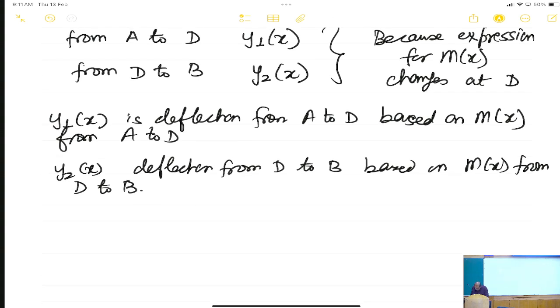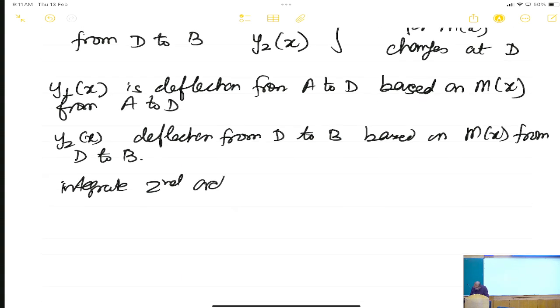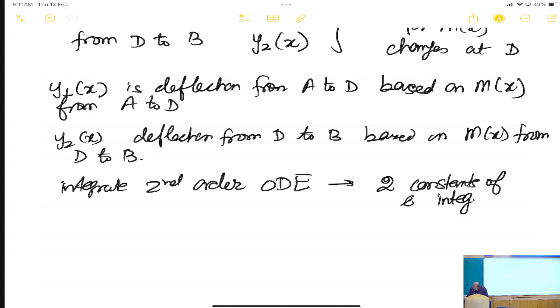Now, when we integrate a second order ODE, we will get two constants of integration.